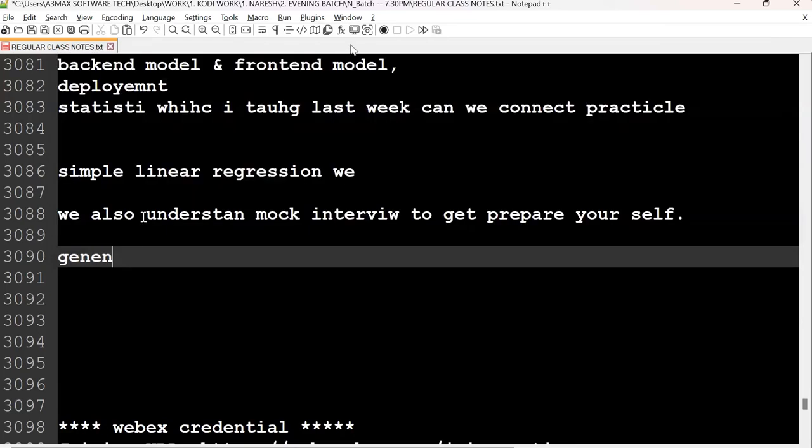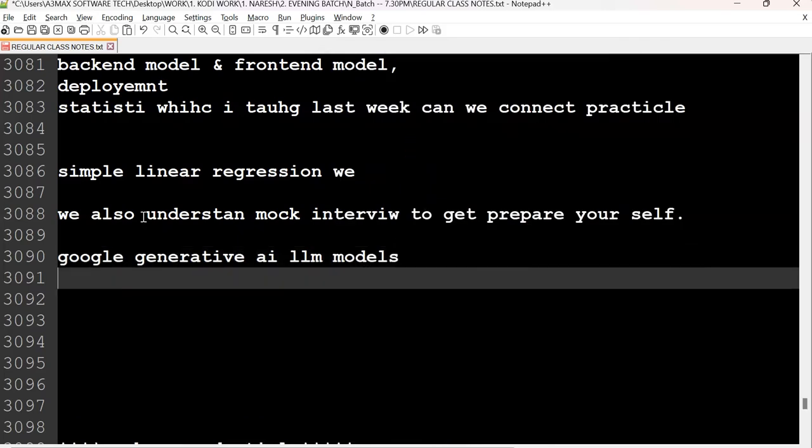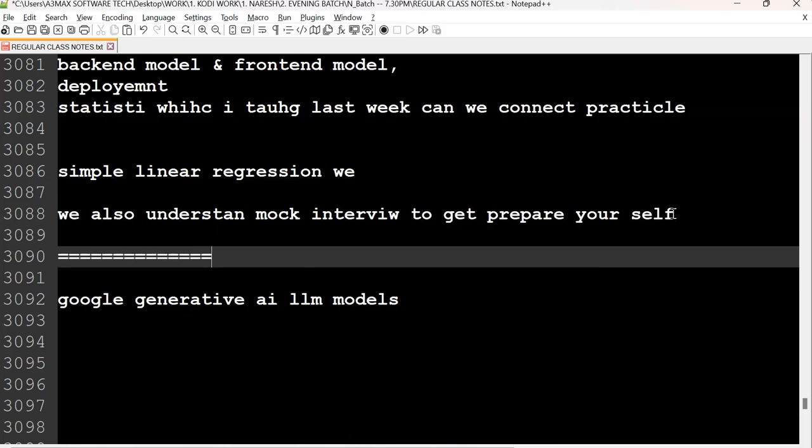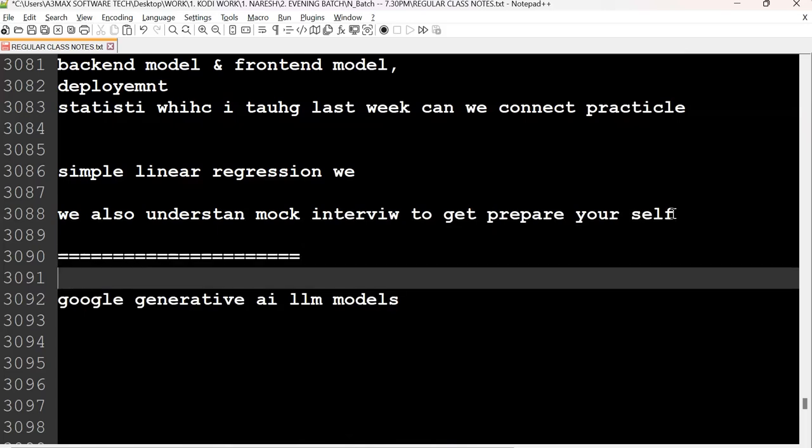Tomorrow we work on generative AI, Google generative AI, large language models, LLM models, guys. Are we clear? I hope you understand. If you don't understand, it's up to you. Ask me if you have any questions.